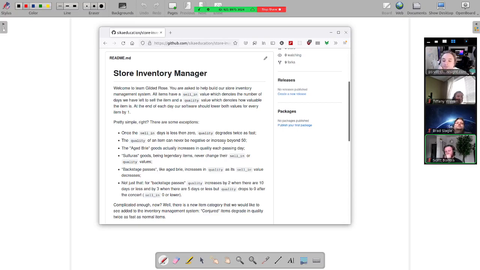So, welcome to Team Gilded Rose. You are asked to help build our store inventory management system. All items have a sell-in value, which denotes the number of days that we have left to sell the item. As I'm reading this, one of the things that I'm pulling out as a given is that we have items. I don't know anything else about that yet. I just know that there are items.